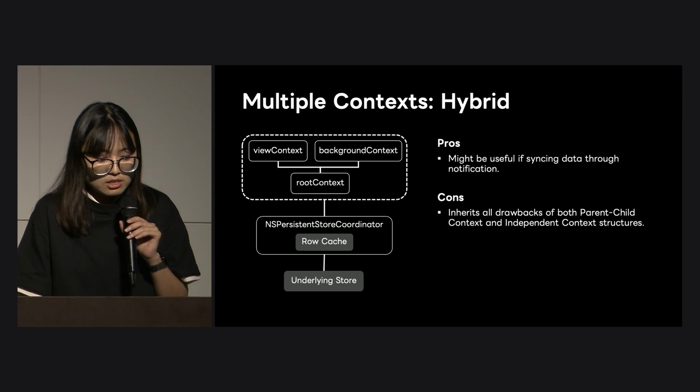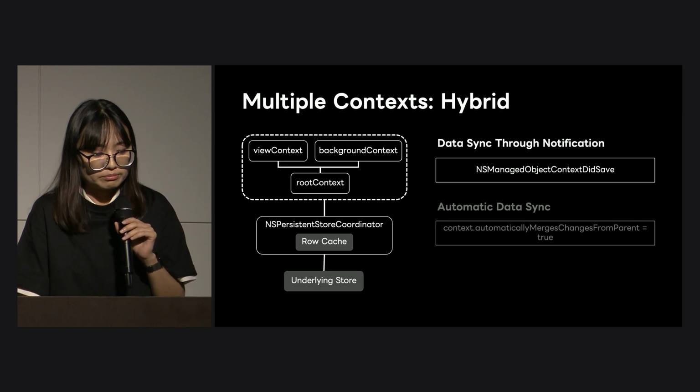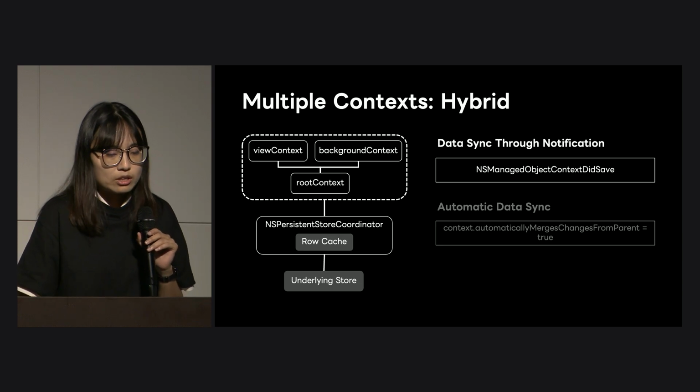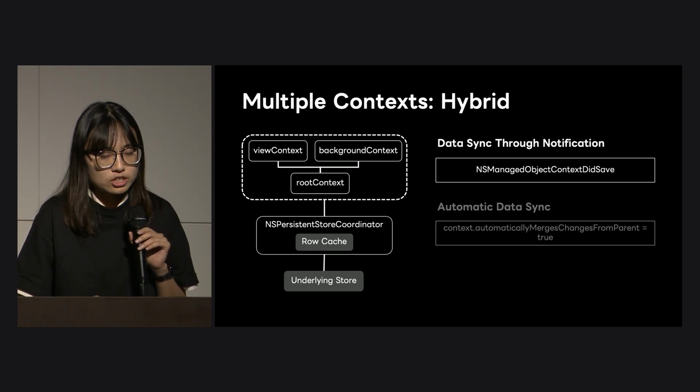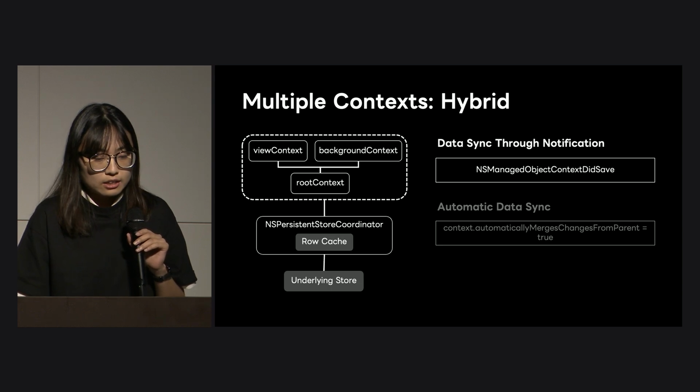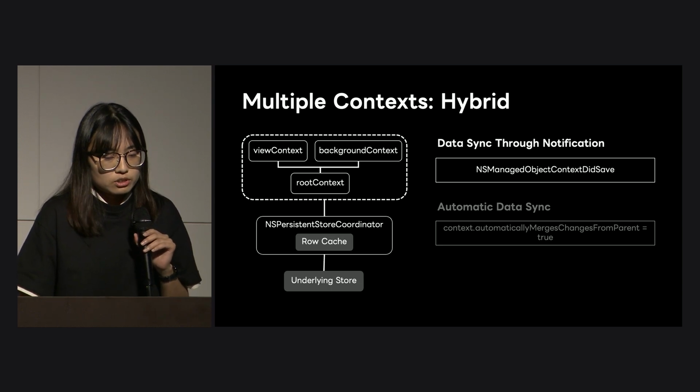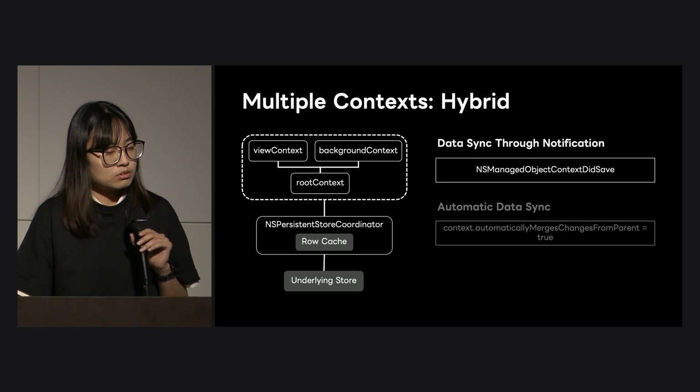But honestly, there's one specific situation where I think it might be useful. If for some reason you can't or don't want to enable automatically merge changes from parent, and you are working with many independent contexts, a root context might actually help.